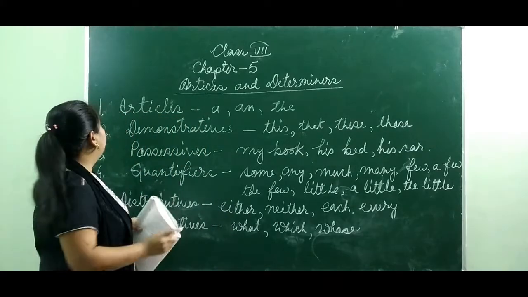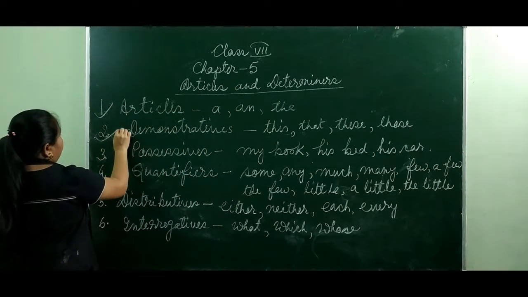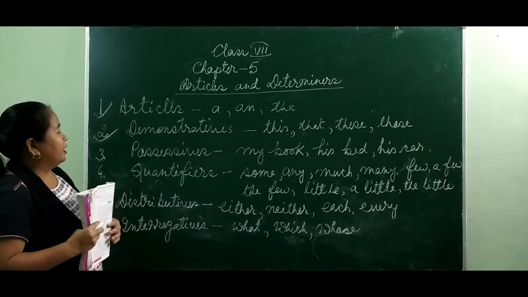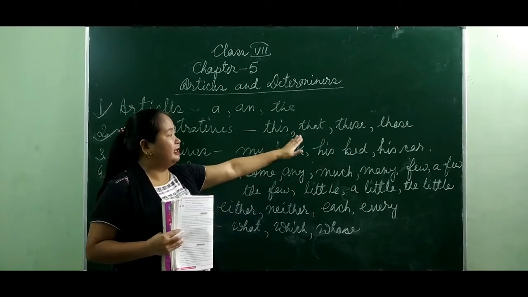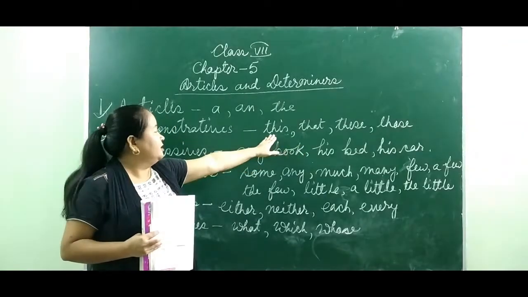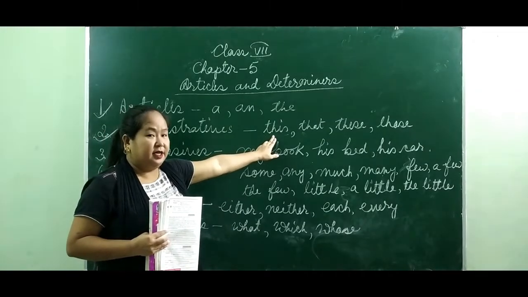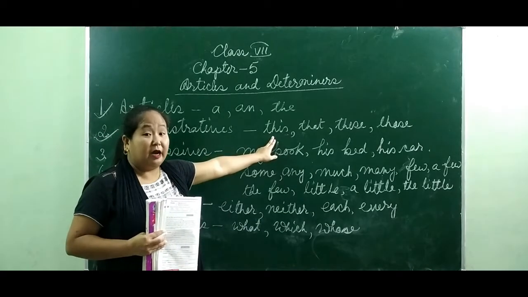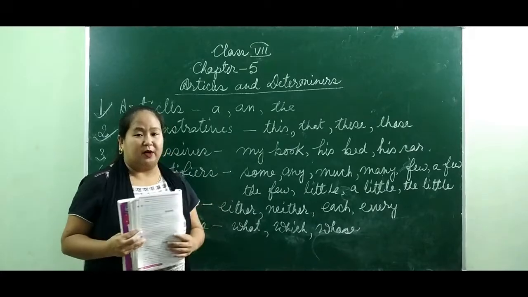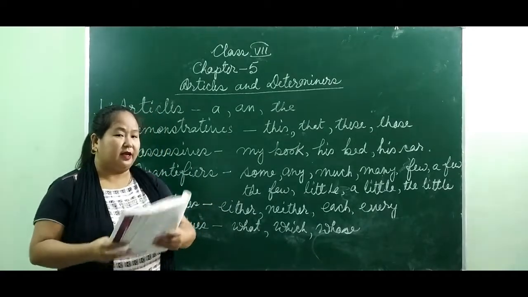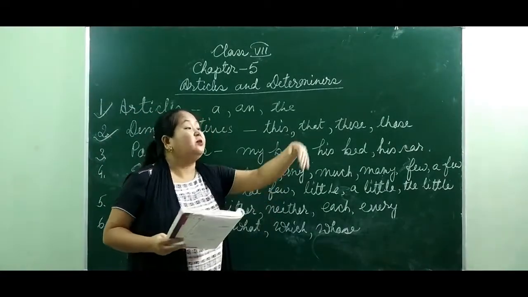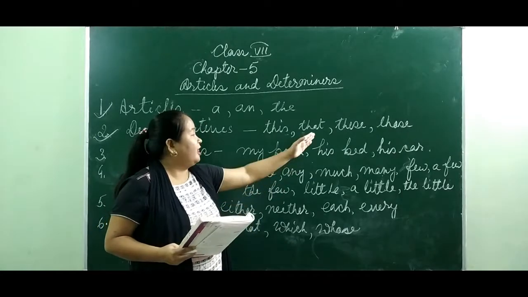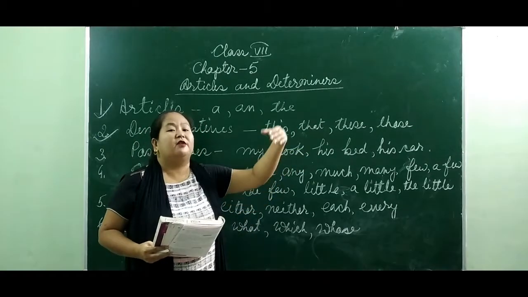So now we have learned articles, now we will learn demonstratives. Demonstratives are this, that, these, those. This is used with a singular noun, with things which are near to us. For example, this book is good. That book is not that good. That is used with things which are far away.